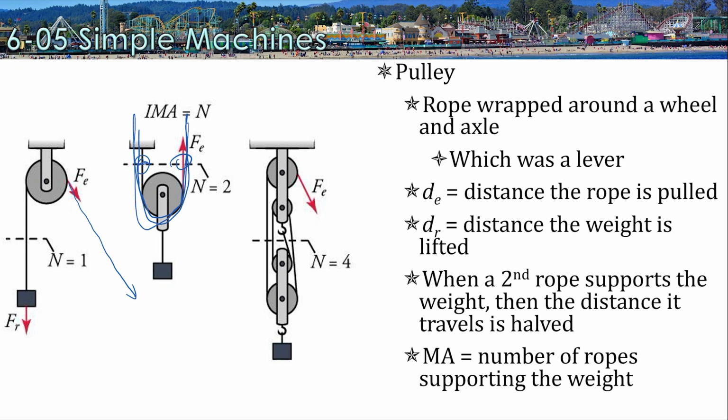So the first case N is 1. The second case with the 2 ropes, it's 2. This block and tackle, it's actually 4 ropes supporting the weight. So you can use this big block and tackle system, and you can, with a small amount of force, lift very heavy objects, but it requires pulling a long distance of rope. So remember, as the force goes down, the distance goes up.